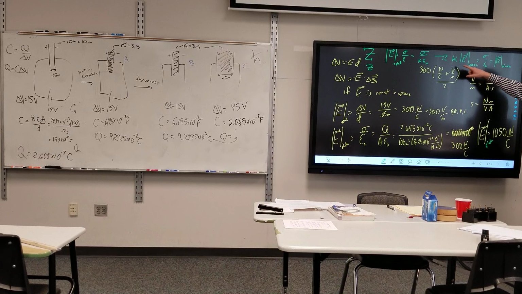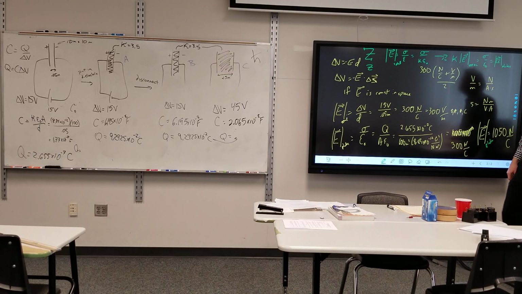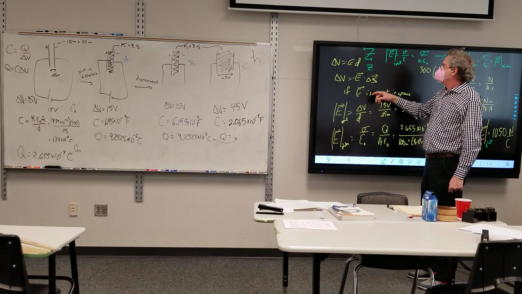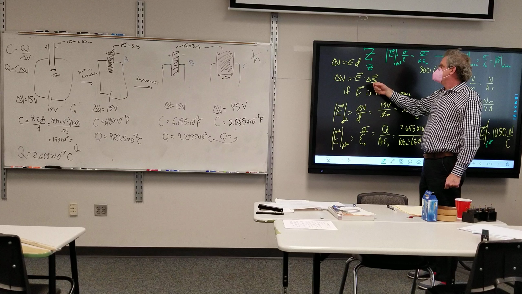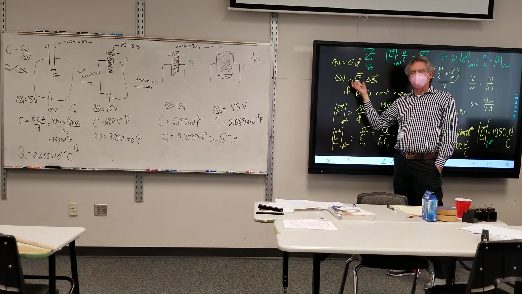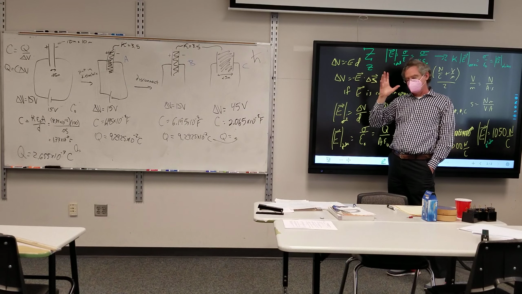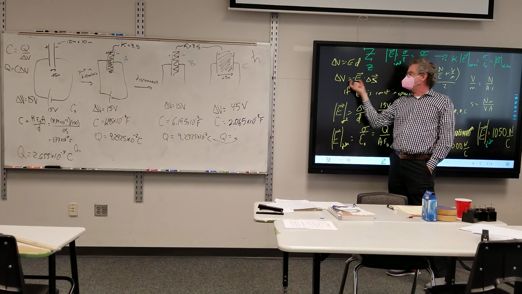If you're looking up here, again, the charge is not changing because we disconnected the battery. Epsilon sub naught is a constant. Kappa is still 3.5, that hasn't changed. We've already established this will be 300 volts across the board. So nothing's changed there. If you want to use this formula, you pretend the dielectric's not there and concentrate on the plates, that's 45 volts.